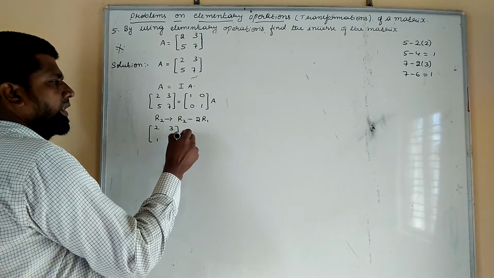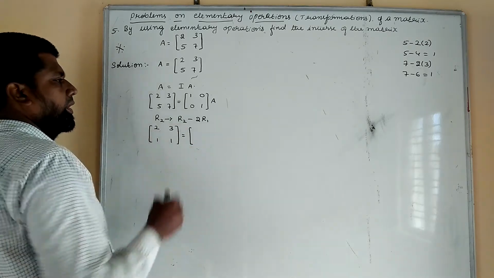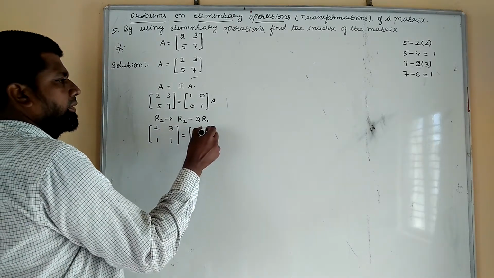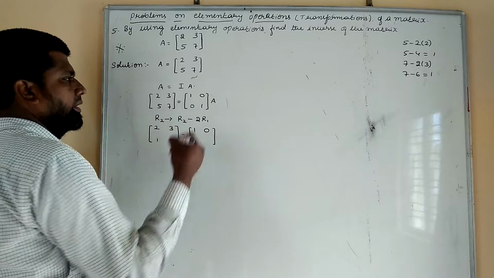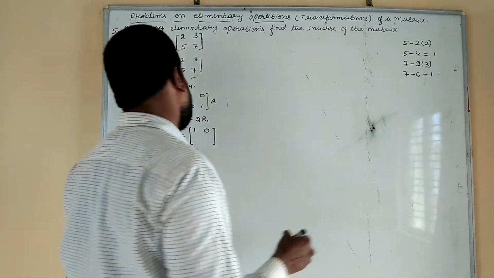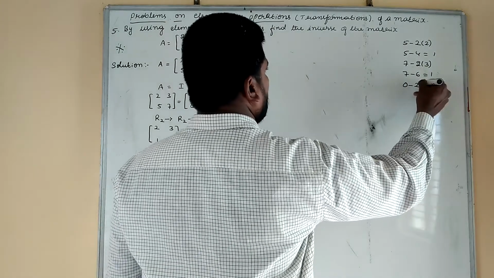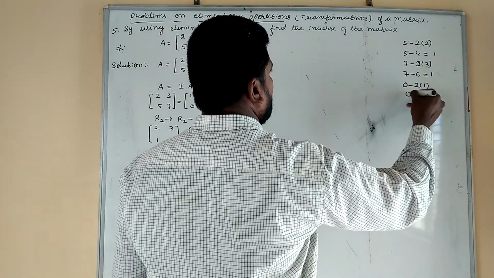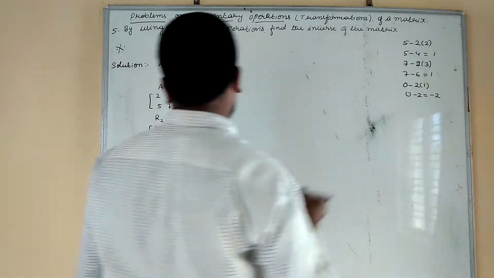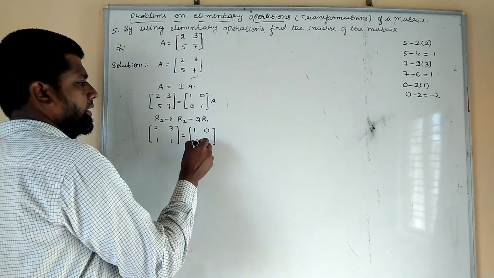That is equal to, let us write the first row, R1, 1, 0. And we have to change R2 here. R2 first element is 0, 0 minus 2 R1, R1 is 1. Then 0 minus 2, you are getting minus 2.